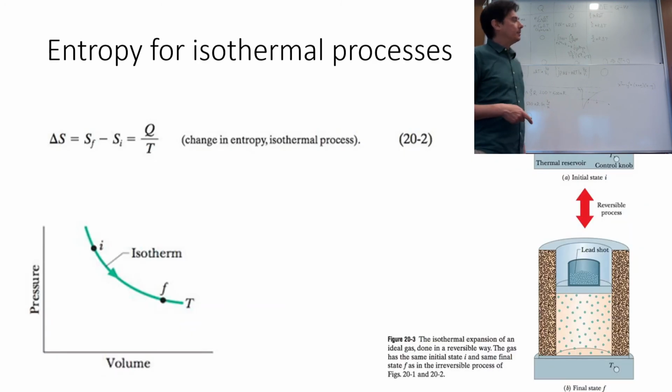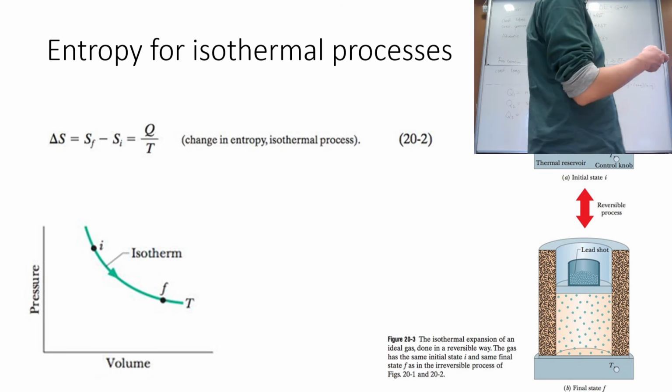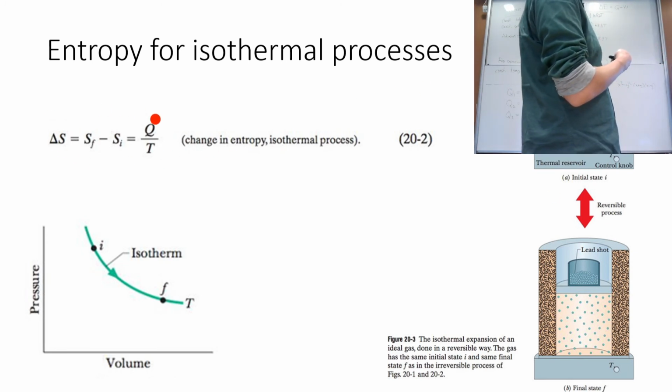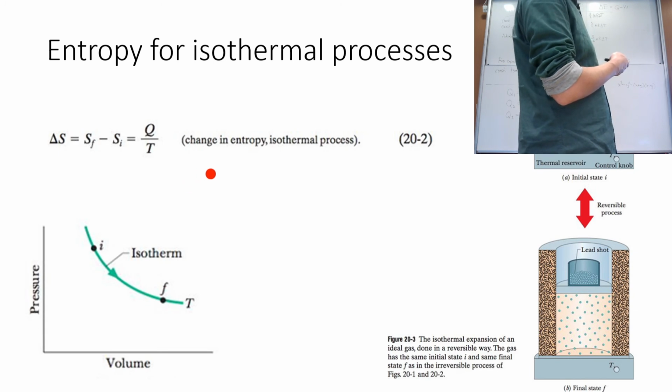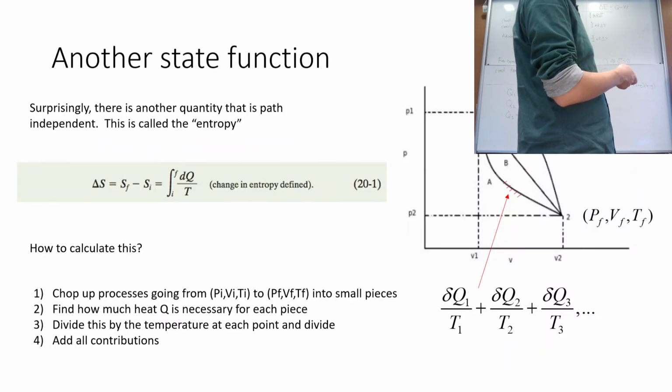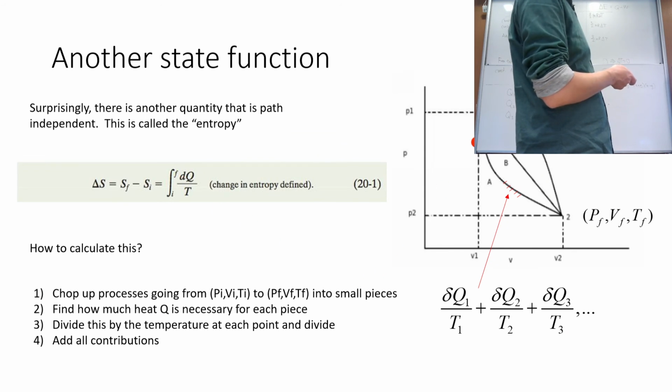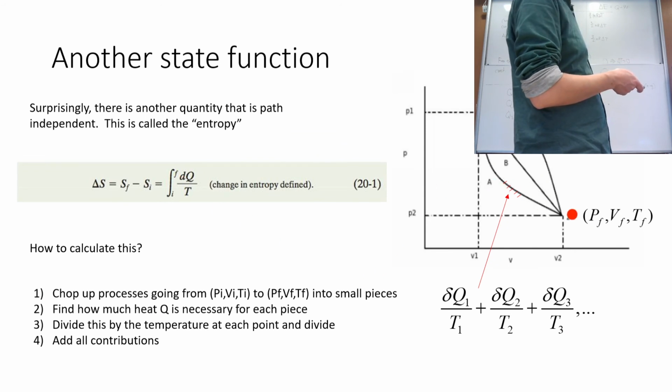That's the general case. Now, actually, for an isothermal process, the calculation is much easier. The reason why this was a bit hard to calculate is because along this path, the temperature might be changing. Because this is not necessarily an isotherm curve, right?